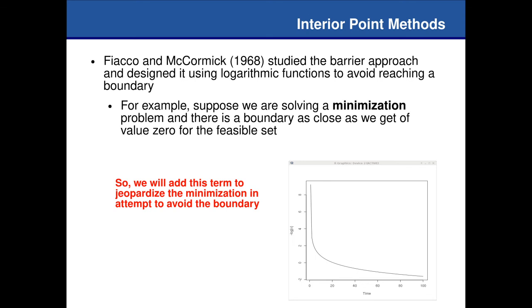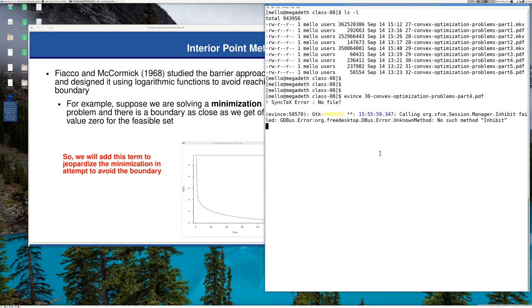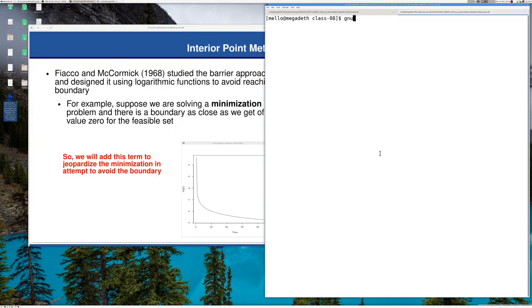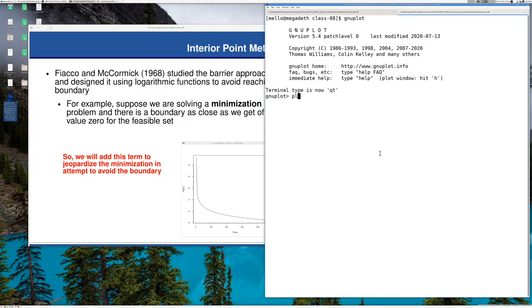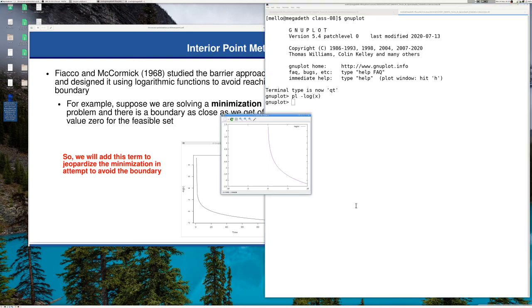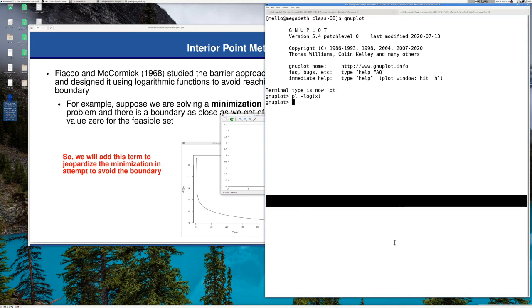How are those barriers constructed? They are constructed using log functions, as you can see here. So if I open a plot over here, just a plot of minus log of some x, that's going to be my barrier.